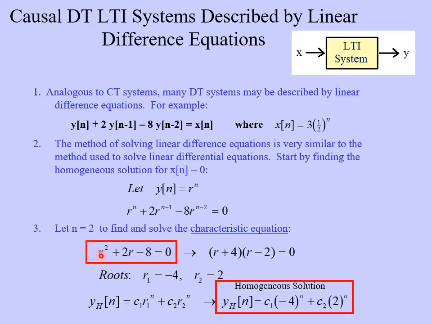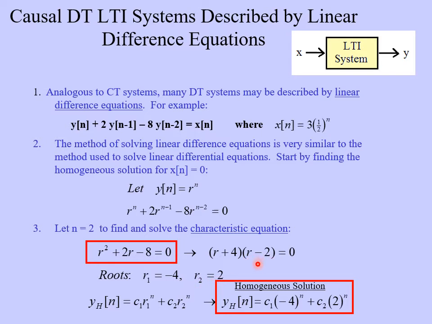So this equation inside the red box here is the characteristic equation for this system's linear difference equation. We can solve for r by any of the usual methods, and this one is nice because we can factor it: r plus 4 times r minus 2 equals 0. So our two roots are r1 equal to -4, and r2 equal to 2.